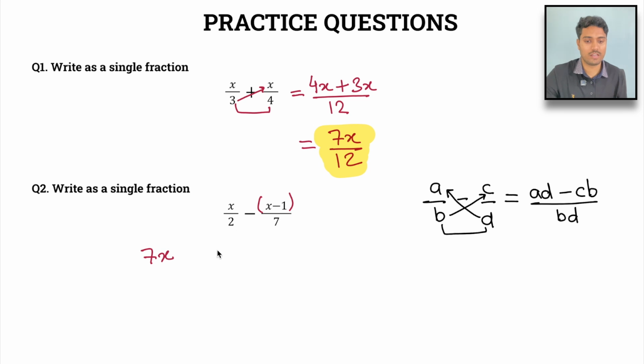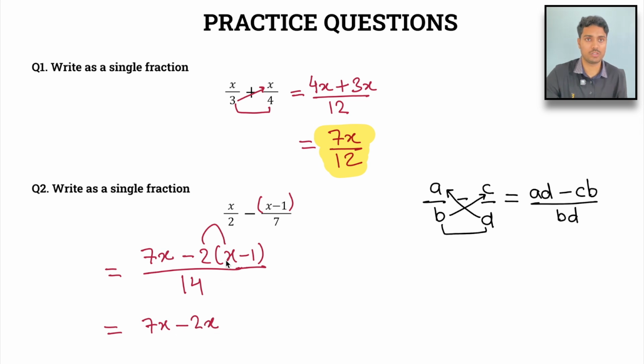So now we can write minus 2 times x minus 1, whole divided by 2 into 7, that is 14. Why is it important? Because whenever there is a negative sign preceding a bracket, when you open the bracket, the sign of each and every term changes, which we are going to notice right now. So we have 7x minus 2 into x, minus 2x.